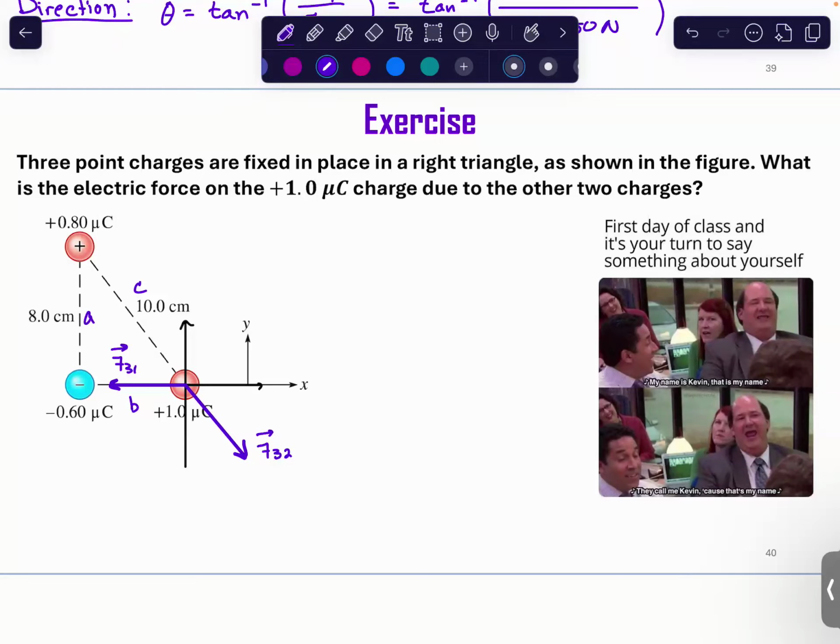So I just labeled my sides A, B, C. We know in the Pythagorean theorem, C is always the hypotenuse. It's easy. It's a 3, 4, 5 triangle. And now for those of you who are crappy to your high school teachers, when am I ever going to use this? That's from the 3, 4, 5.